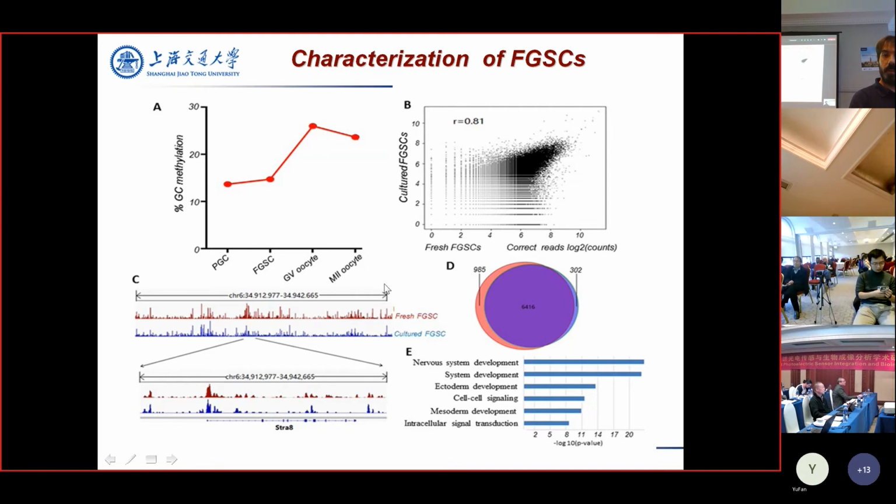That means the culture condition is stable.